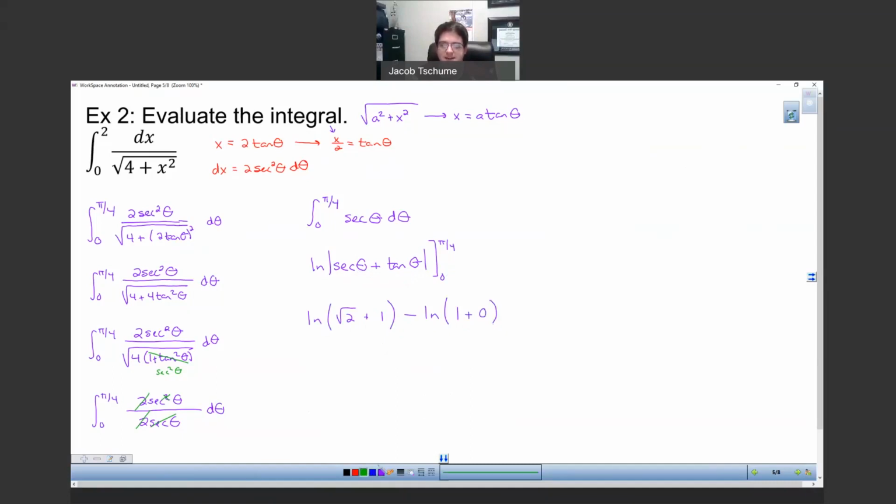Now that second natural log becomes the natural log of 1, which we have learned in the past is 0. So therefore, your final answer here is just going to be that first term, which is the natural log of root 2 plus 1. And that is the exact value of the definite integral above. And that is how you would approach a tangent substitution with trig sub.